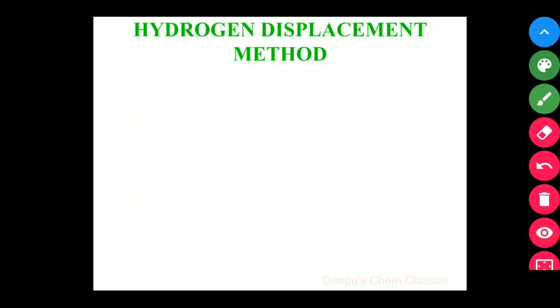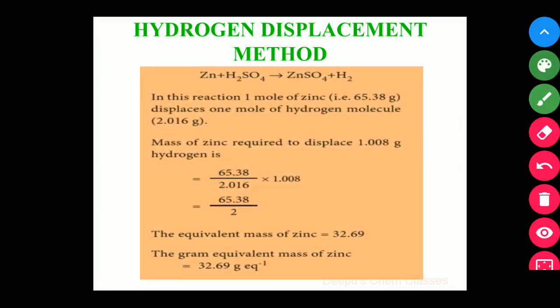Let us see the hydrogen displacement method as an example to understand the gram equivalent concept well. This is the displacement of hydrogen when zinc reacts with sulfuric acid, H2SO4. When these two react, zinc sulfate is the main product and hydrogen gas is displaced.